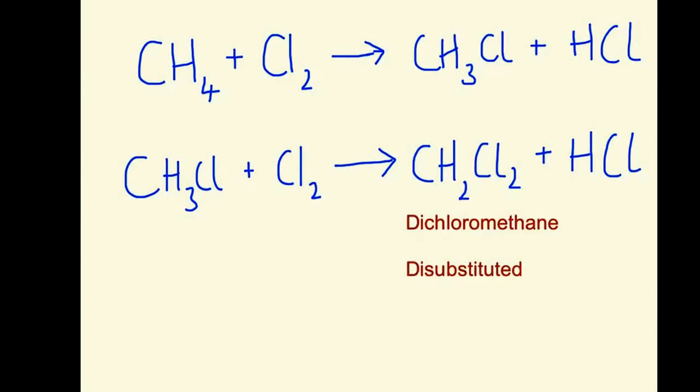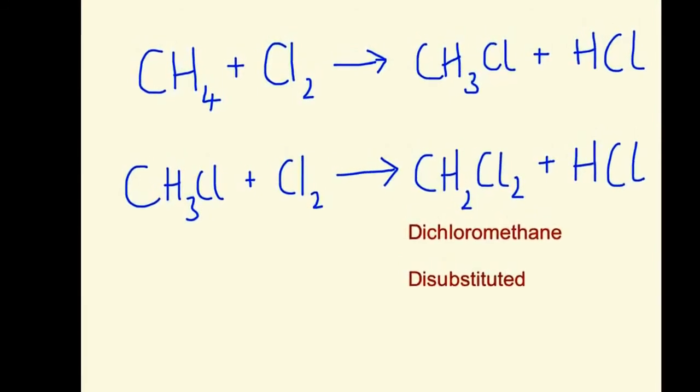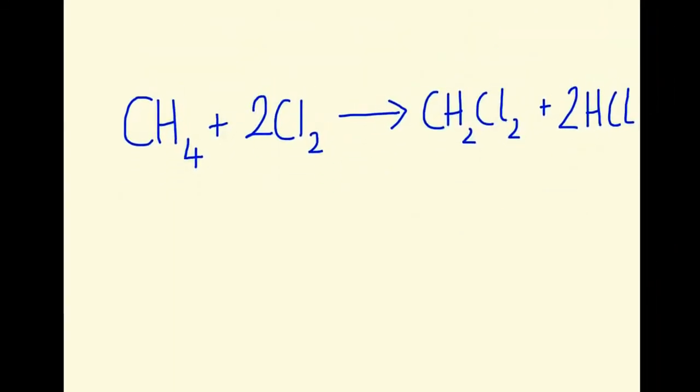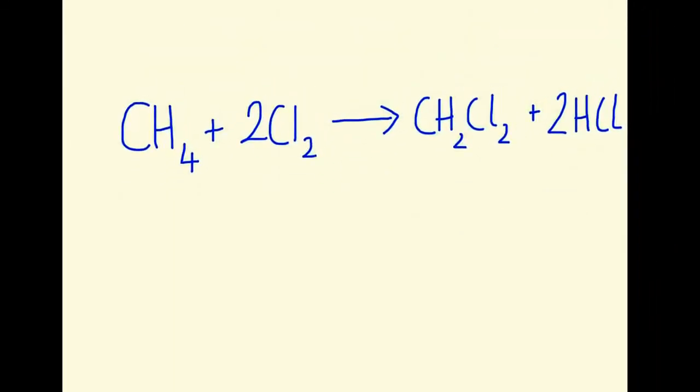But notice we've made another HCl, so we haven't just swapped two hydrogen atoms for two chlorines and not left anything over. So therefore, if I wanted to do a full balanced equation to show the production of dichloromethane, I would need to use two chlorine molecules, substitute two of the hydrogens and produce two molecules of HCl.